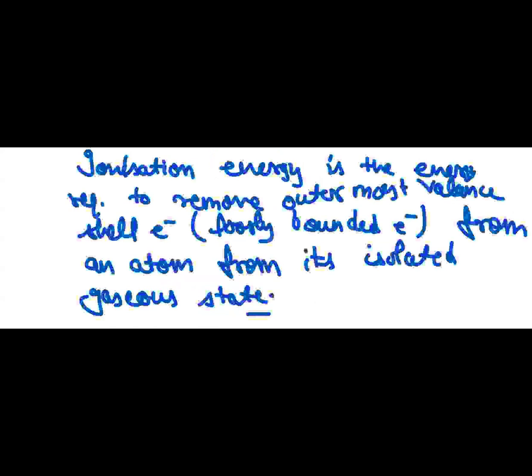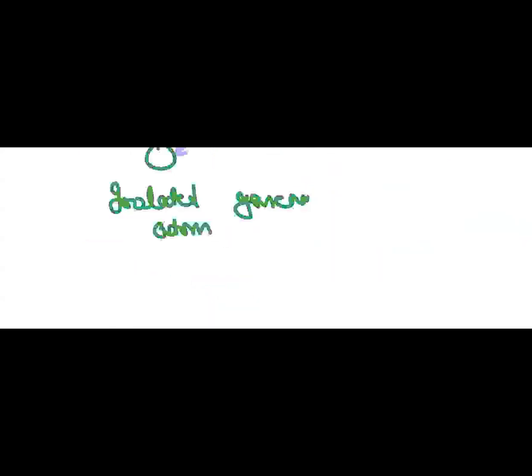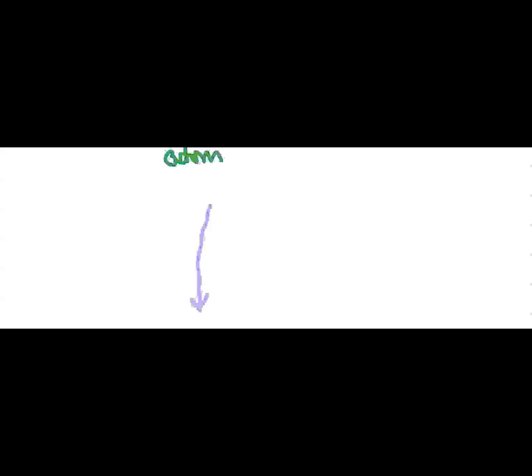So if I ask you, as we move from top to bottom in a group, according to you, does the removal of the outermost electron become easier or difficult? Easier removal. Why? When we move from top to bottom in a group. You are correct, beta, but why?